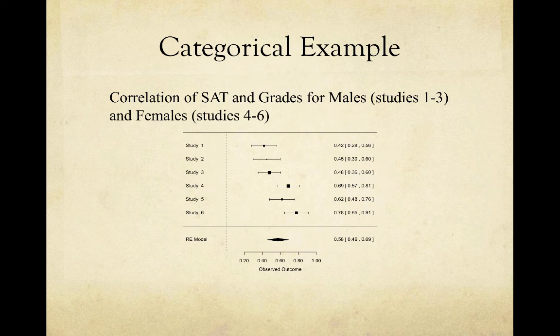That probably wouldn't be the case in a real set of studies, but the effect sizes shown here and their confidence intervals are indicated by the wings, and the heavier studies have a larger symbol for the effect size, and the wings tend to be smaller. Here's our random effects estimate, and it's got this value of .58 as our overall mean, and the confidence interval for that is .46 to .69.